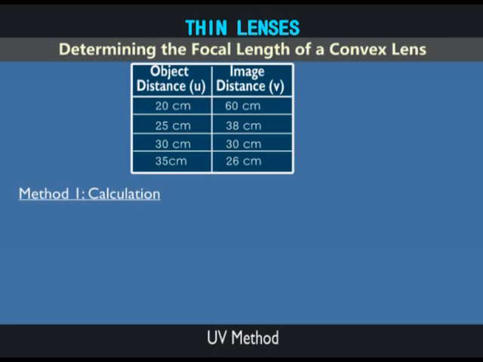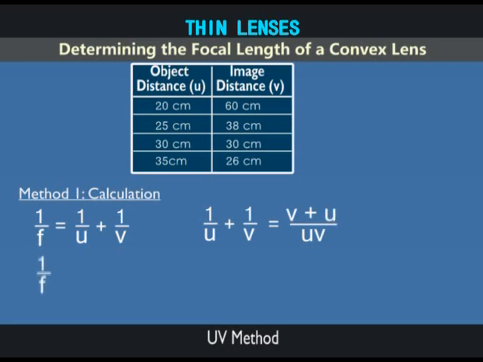From the lens formula, 1 over f is equal to 1 over u plus 1 over v. If we simplify the right-hand side, 1 over u plus 1 over v, the LCM of u and v is u times v, or uv. uv divided by u is equal to v times 1 is v, plus uv divided by v is equal to u times 1 is u.